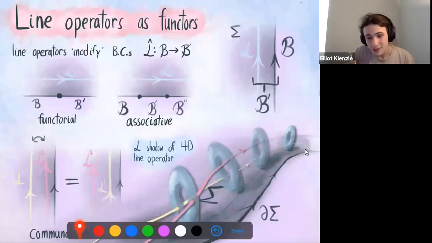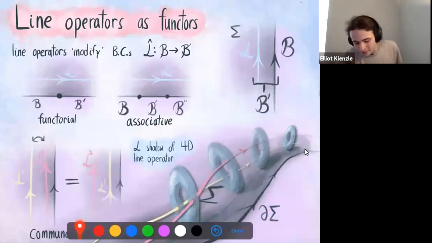And in 4 dimensions, you can interchange these however you want. You can easily find a homotopy that swaps these 2 line operators. So even though these 2 line operators have the same shadow in the 2-dimensional theory, the true line operators coming from the 4-dimensional theory are different, and you can interchange them. This basically means you can pass them through each other like this.